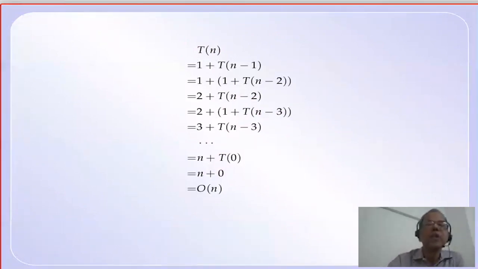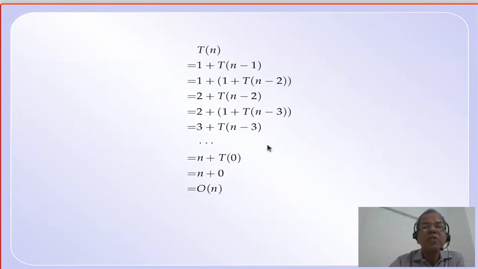T of n is equal to 1 plus T of n minus 1. This T of n minus 1 can be written as 1 plus T of n minus 2. 1 plus 1 is equal to 2, and then we have T of n minus 2. T of n minus 2 can be written as 1 plus T of n minus 3. Do the simplification, 2 plus 1 is equal to 3, we get 3 plus T of n minus 3, and so on.